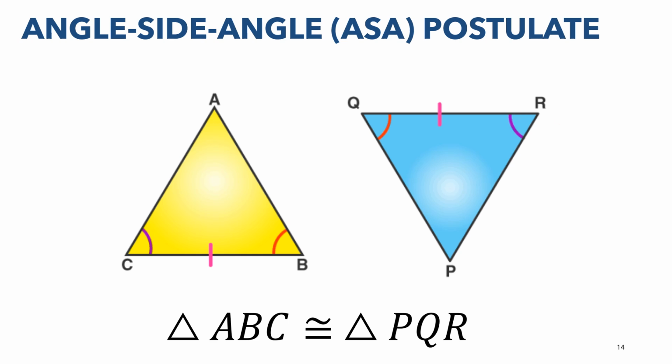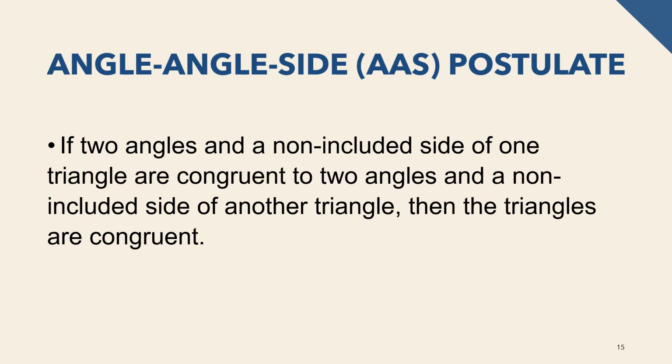All right, so let's look at our last postulate. Angle, angle, side postulate, AAS. It says if two angles and a non-included side. So if included meant between, what do you think non-included means?